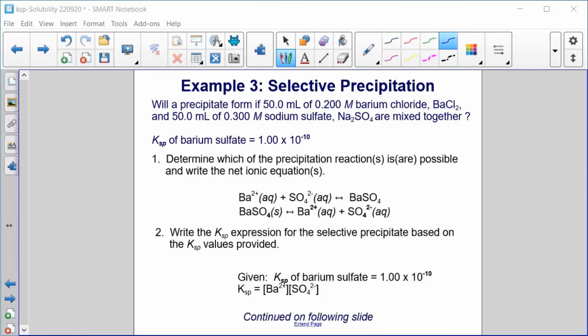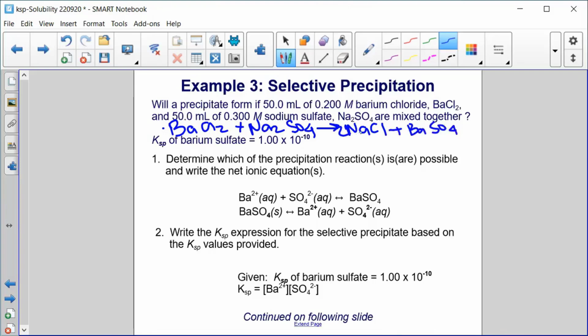All right, so step 1, let's determine which precipitation reactions are possible. So if we are mixing barium chloride and sodium sulfate, what can we produce? We can produce sodium chloride and barium sulfate.